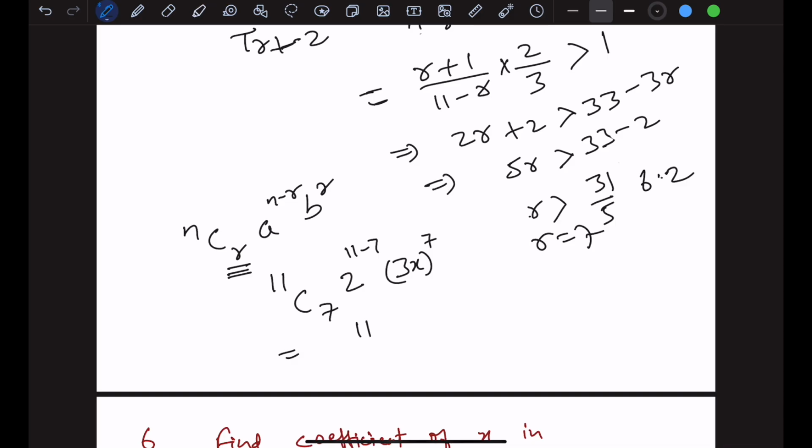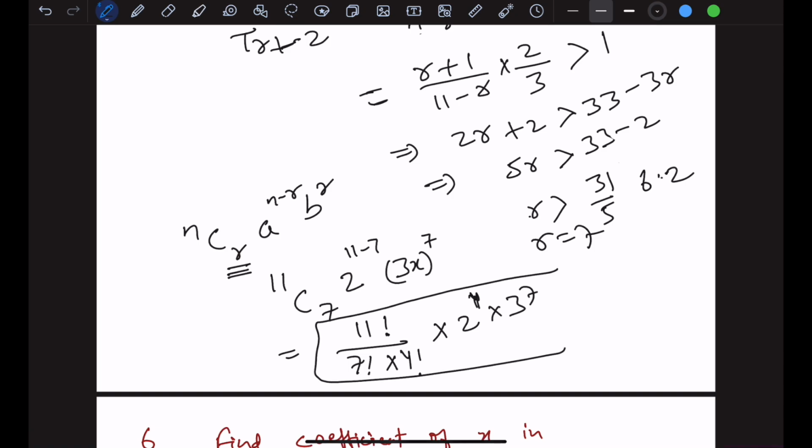So this is our greatest coefficient. It is 11 factorial by 7 factorial into 4 factorial, into 2 to the power 11 minus 7, which is 4, into 3 to the power 7. This is my greatest coefficient.